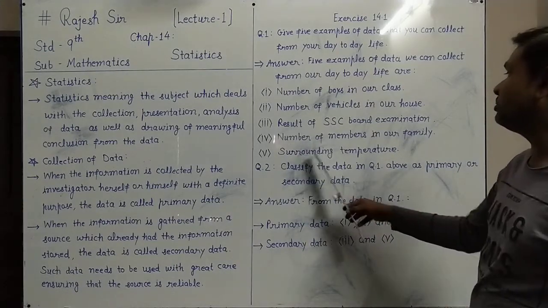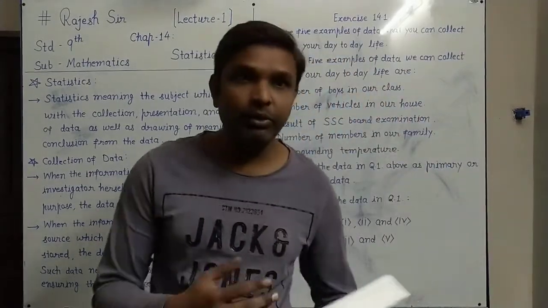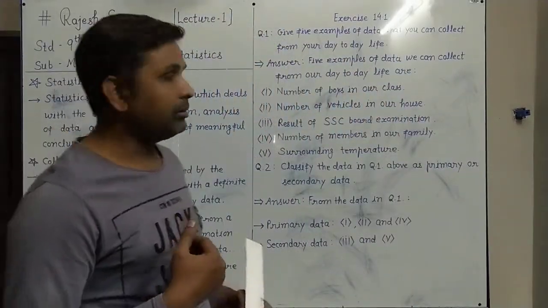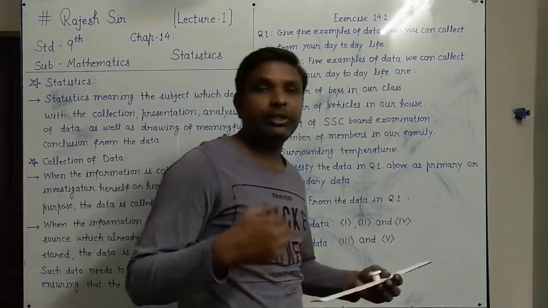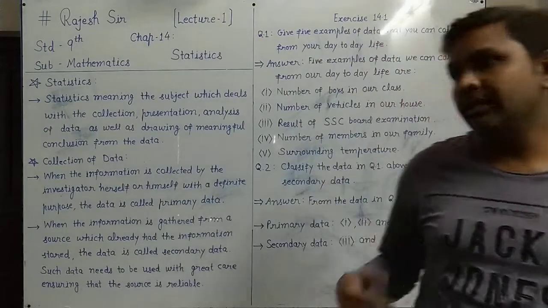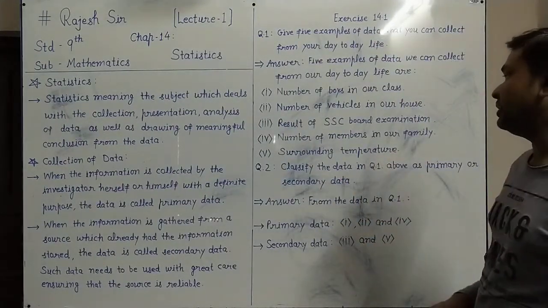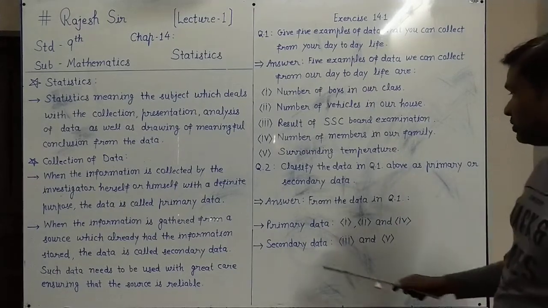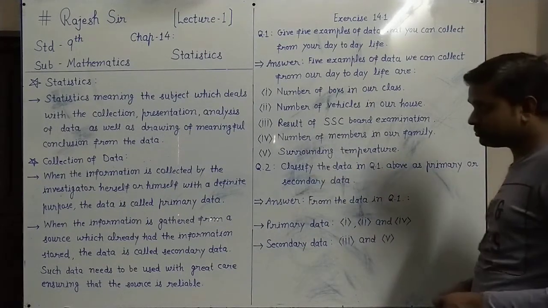And the fifth, surrounding temperature, we cannot measure ourselves. We need help from a newspaper or some reliable source like TV news channels or any other sources. So this was secondary data, third and fifth.